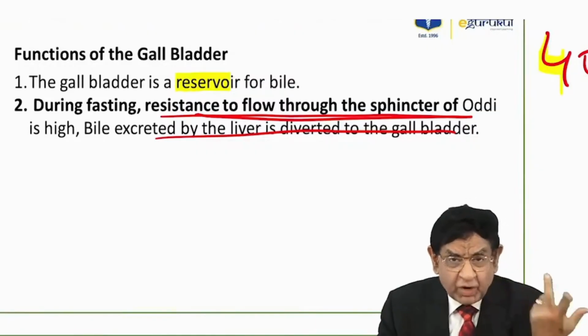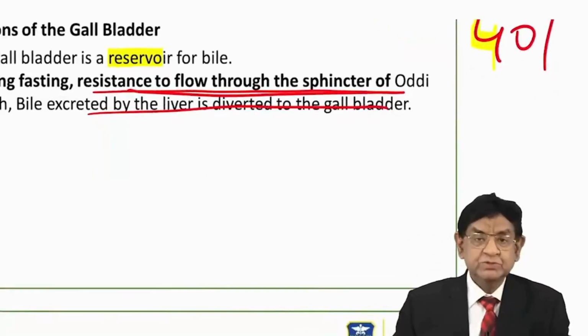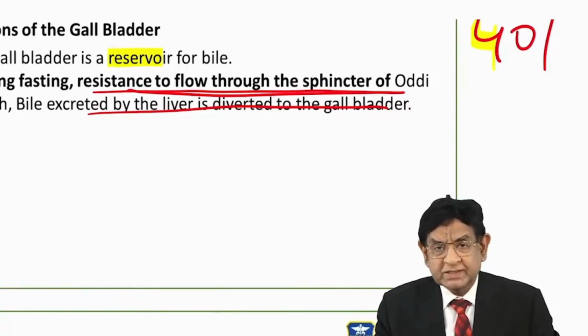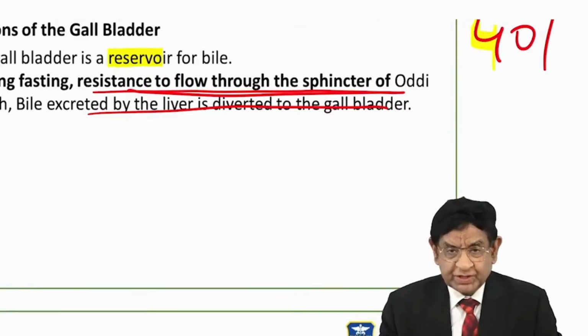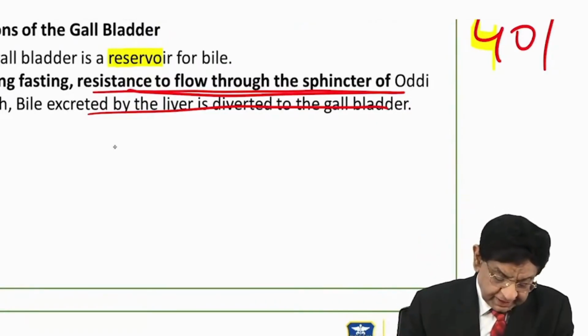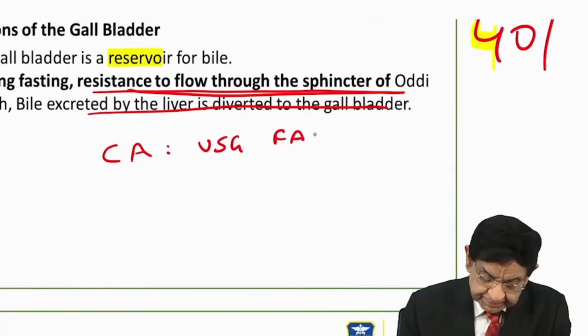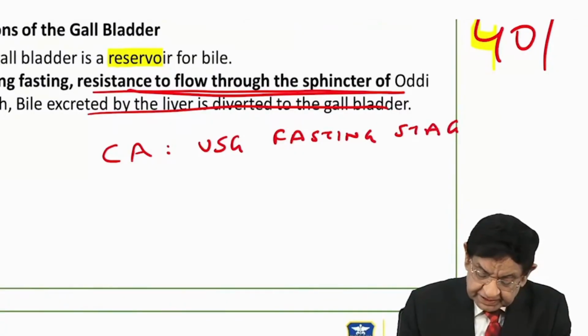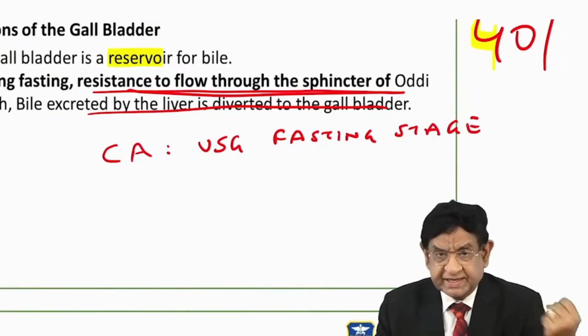Now comes a question from radiology. Suppose you want to do an ultrasound to look at the gallbladder. What you ask, the clinical application: the ultrasound of the gallbladder should be done in the fasting stage. In the fasting stage, the gallbladder is fully distended, right?